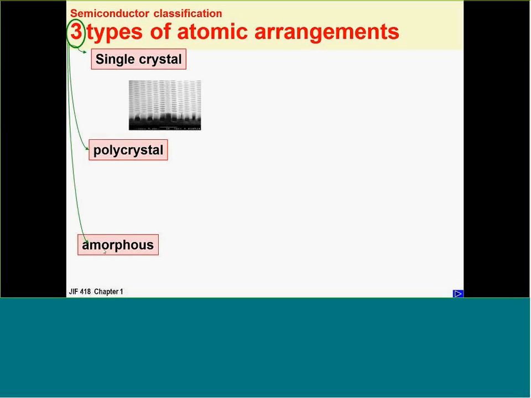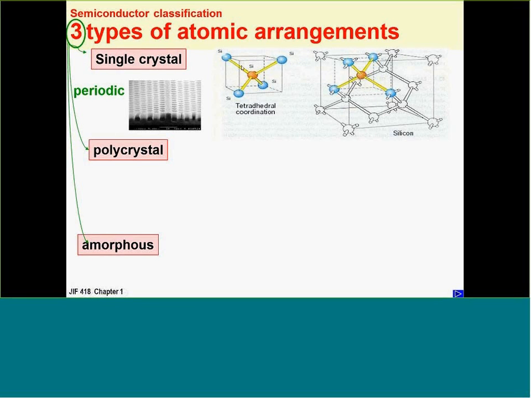Remember the amorphous? Okay. Single crystal, what's the difference between these 3? Single crystal is periodic. If you look here, the arrangement is repeated in the long range. This is the same everywhere, repeatedly, so it is periodic.